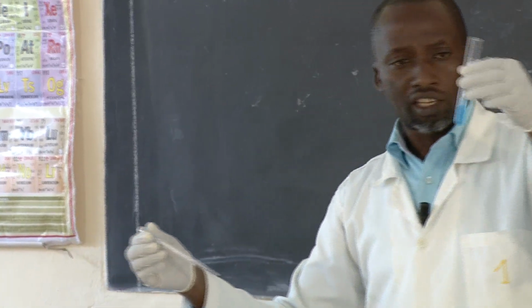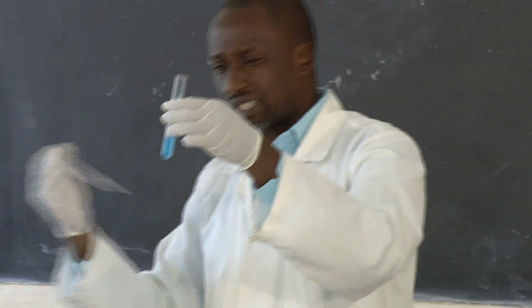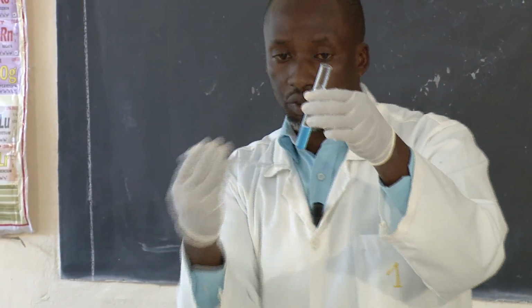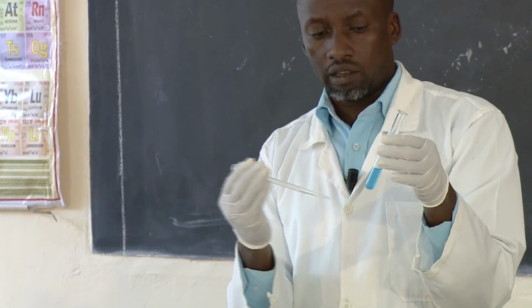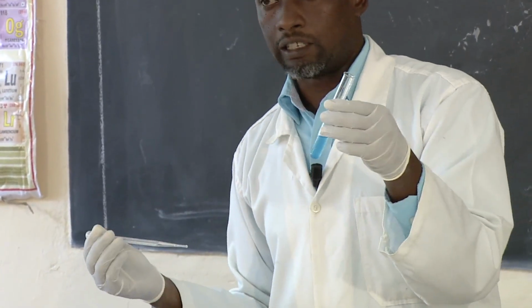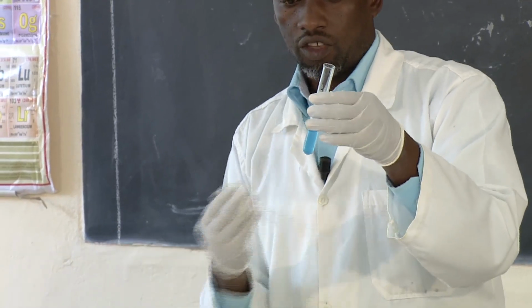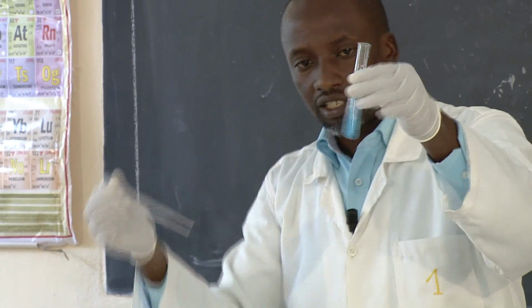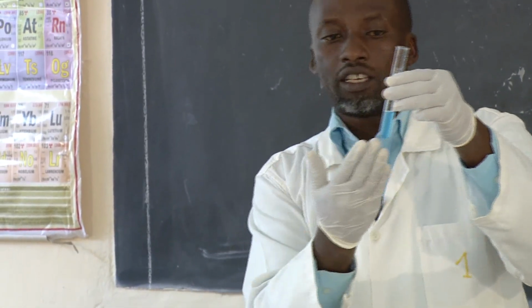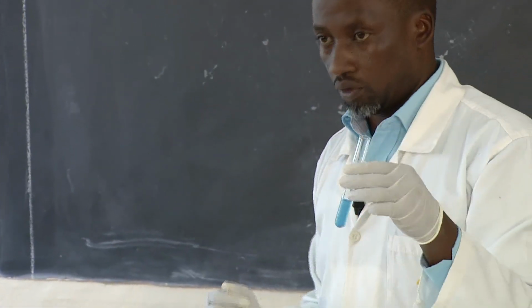The purpose of shaking is to see whether the precipitate disappears or the precipitate persists. If the precipitate disappears, then we say it is soluble. If it persists, like here, if I put excess, the precipitate here is insoluble.